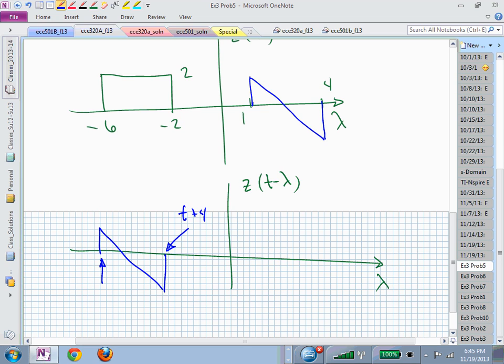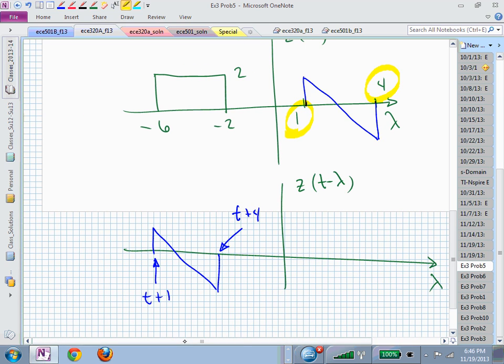Are we okay or not? What's this left endpoint of that one? T plus 1, right? It's this guy right here with a t introduced, and the 4 was that one with a t introduced. I'm just sliding everything, so maybe I should have sketched it first.